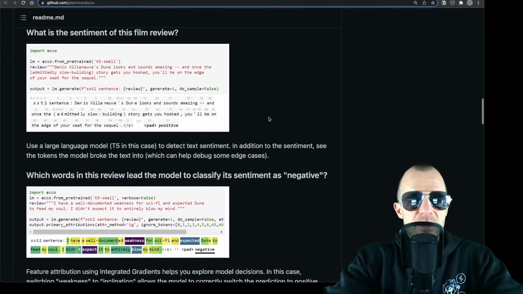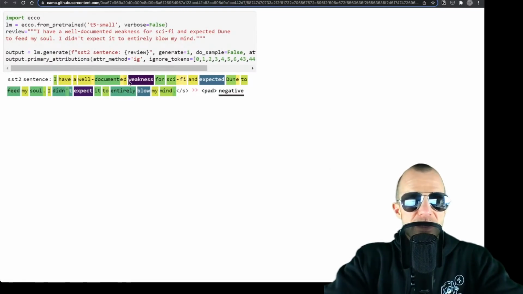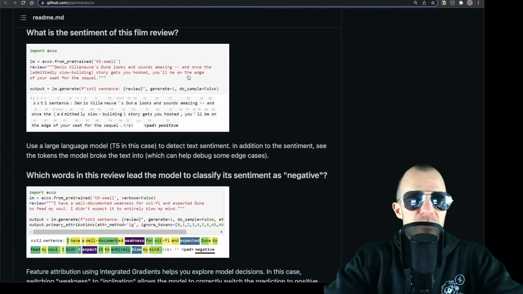So for example, here you can ask which of the tokens have led to a particular decision. Like here, the decision negative is influenced very much by the words like weakness and expect and blow expected. So you can make better informed decisions about what your model does.